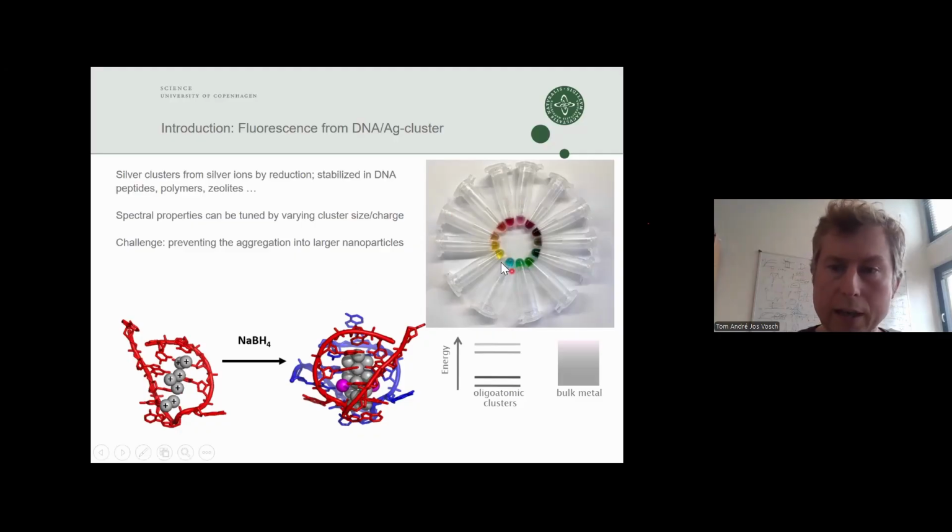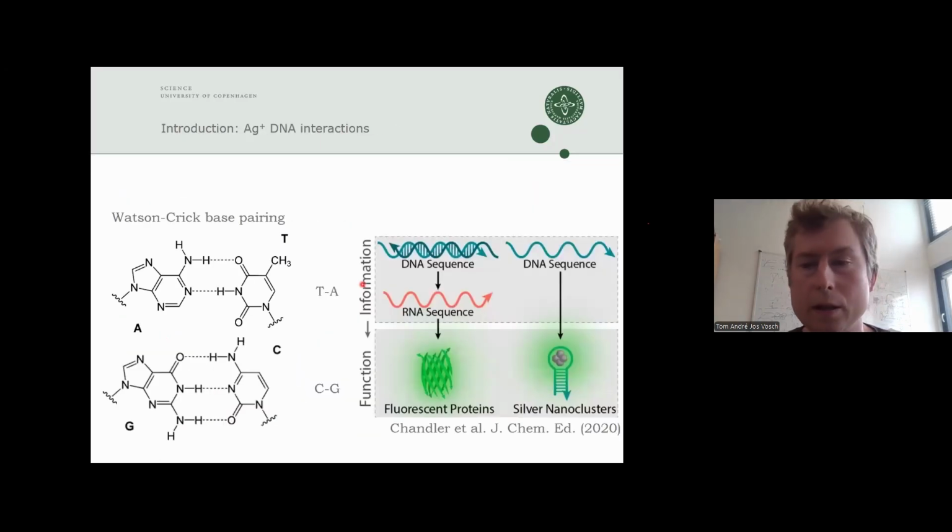As you can see here in this diagram, by just changing the DNA sequence, we can change the type of cluster that is stabilized. This is also exemplified here. So while most of you probably know that DNA stores the genetic information that allows living organisms to make proteins, encoded in the DNA sequence, similarly, we can also say that by changing the DNA sequence, we can have a specific cluster being stabilized.